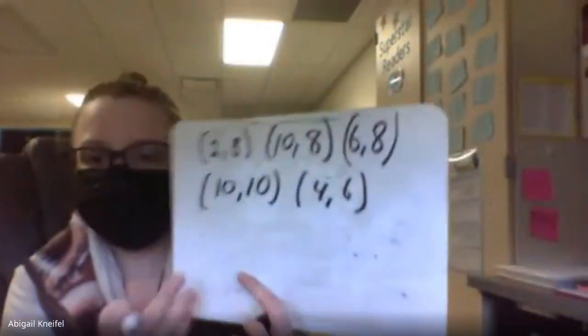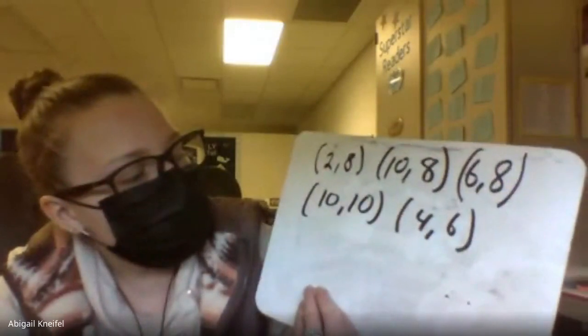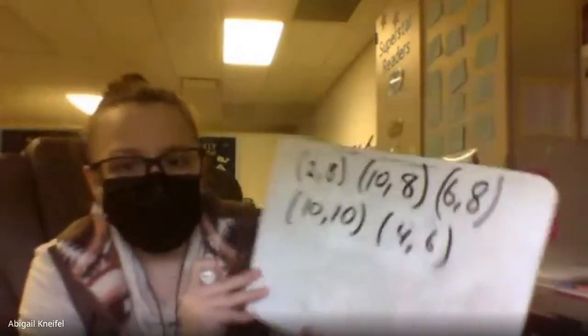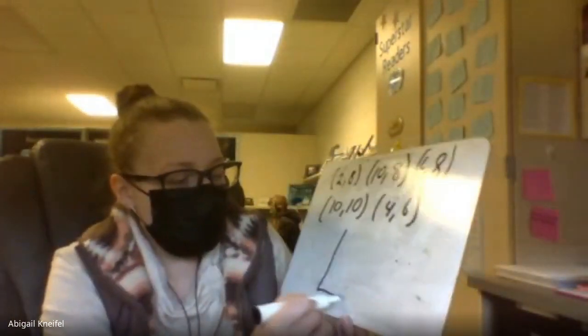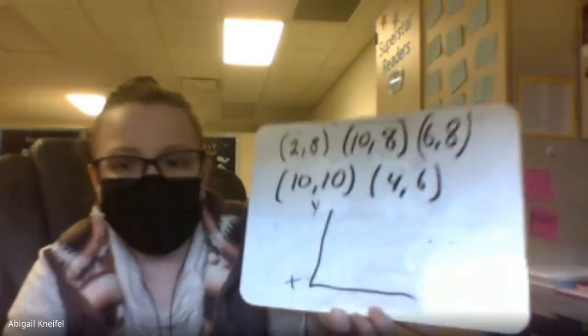My ordered pairs are not in order from least to greatest. I just have some ordered pairs. I have 2, 8, 10, 8, 6, 8, 10, 10, 4, 6. If I was making a graph, what might I count by on my x-axis and my y-axis?